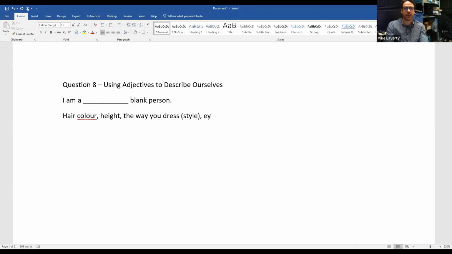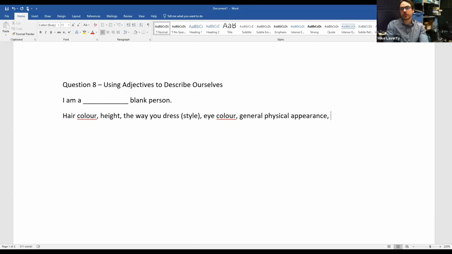I don't know, eye color. Let's see, what else can we talk about the way we look. General physical appearance. So there's that kind of thing.